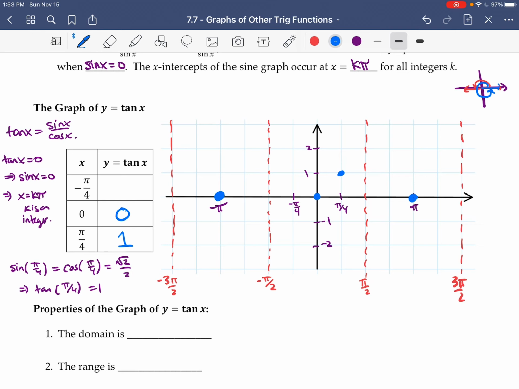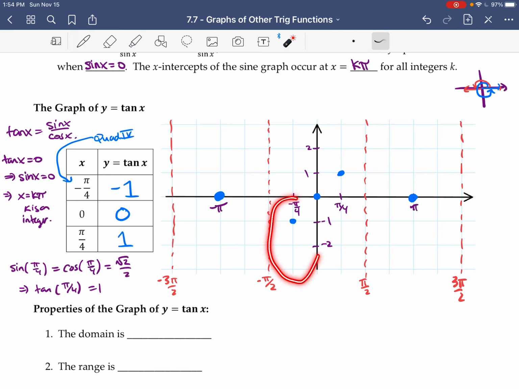Now if I'm at negative pi by 4, that's going to be in quadrant 4 because I'm going clockwise instead of counterclockwise. So if it's in quadrant 4, then the cos value is positive, but the sine value is negative. So they're equal, except one's negative, one's positive, so this is going to be negative 1. Okay. Now, in between negative pi by 2 and 0, there's no place where the function can switch from positive to negative.